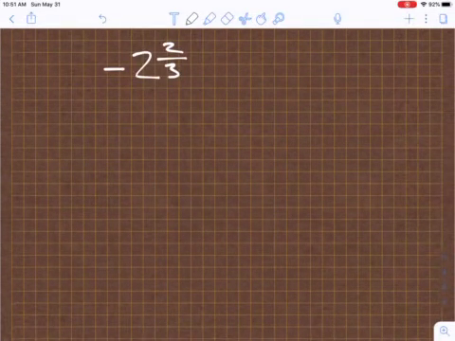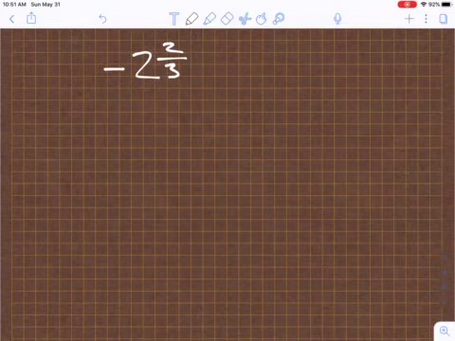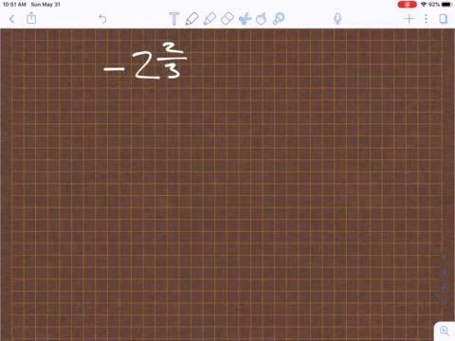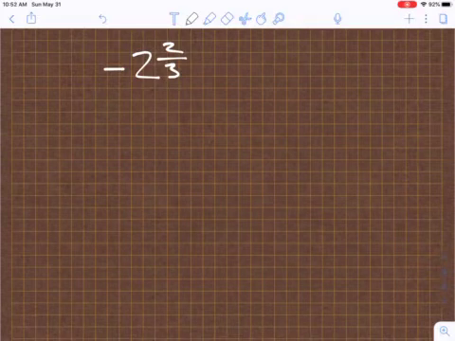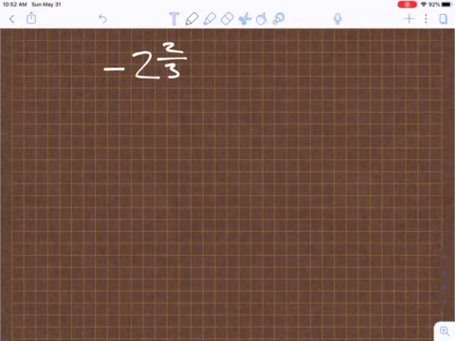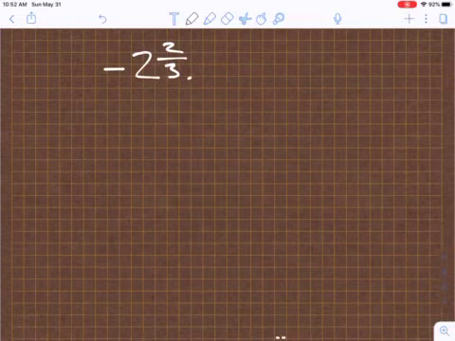All right, -2 2/3. So in order to figure out what the reciprocal of this is, we have to write it as an improper fraction. You can't find the reciprocal of a mixed number without doing that. So let's write this as an improper fraction. So remember, you take the whole and you multiply it by the denominator, because they're saying we're subdividing each whole into 3 parts.